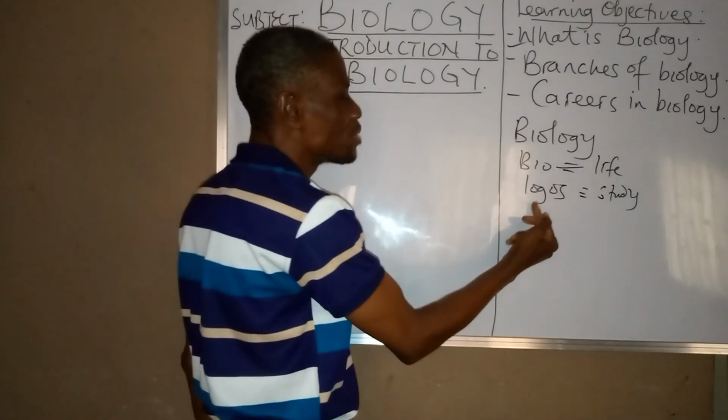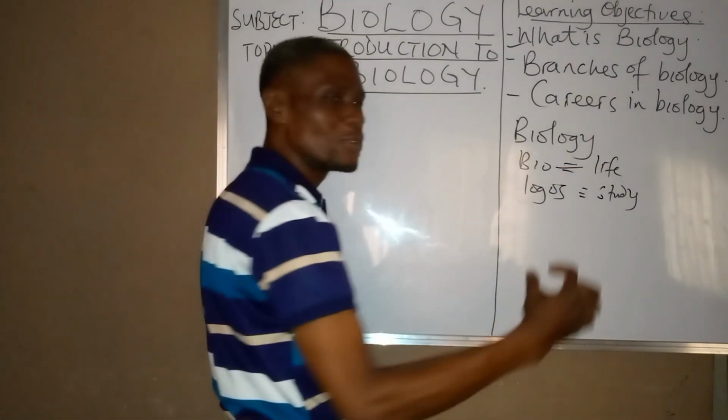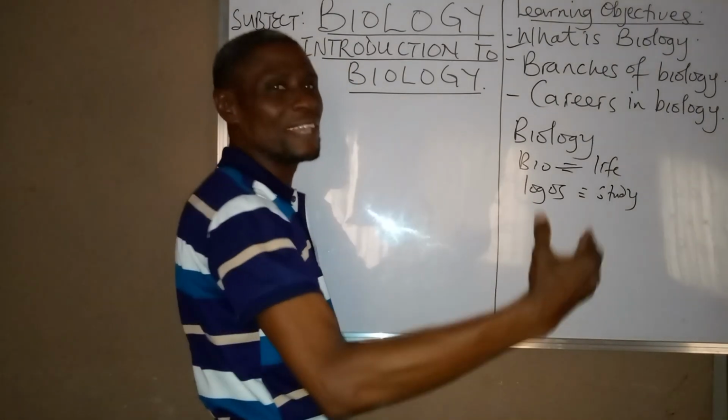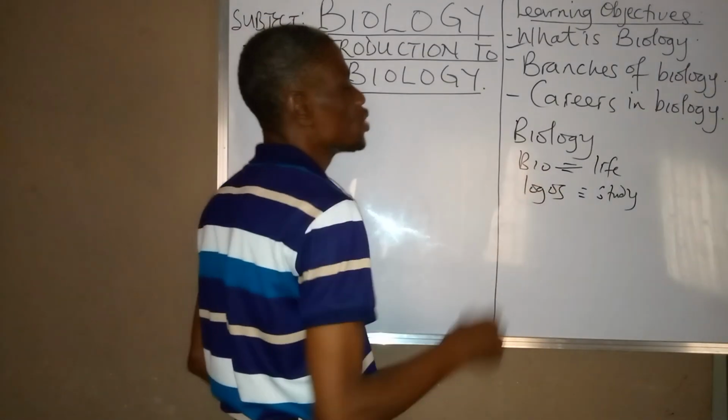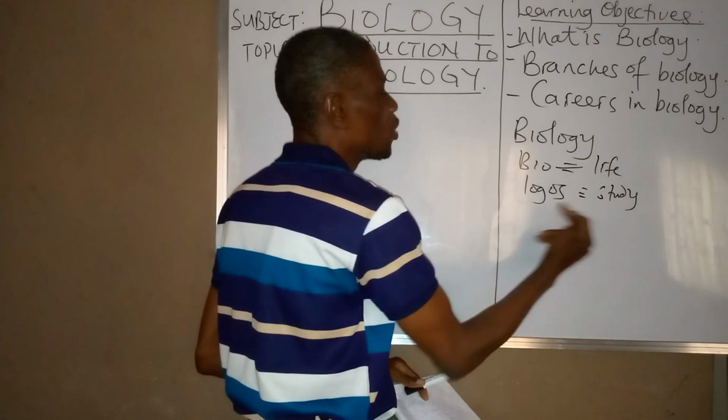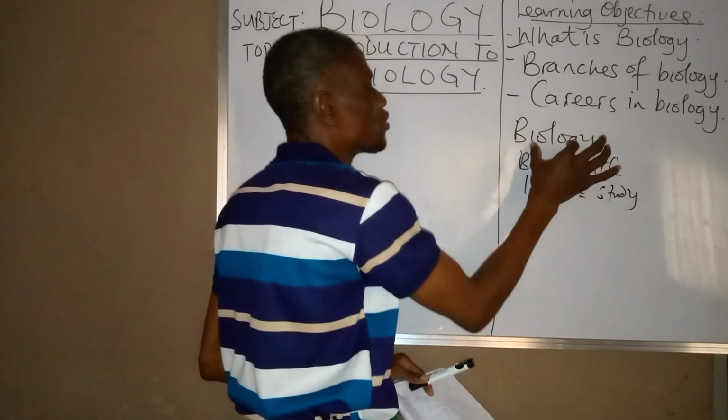Life. And then logos means what? Study. By the time you put the two of them together, they have to do with the study of life. So bio is life, logos is study. These two words come together to form biology.